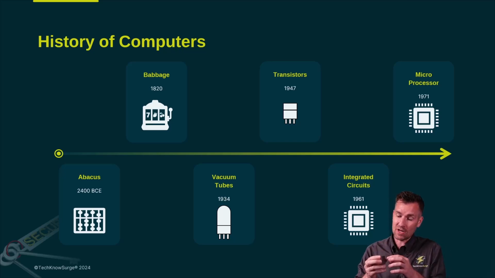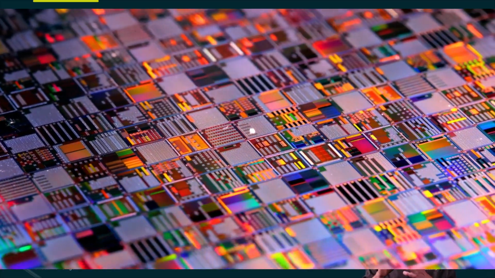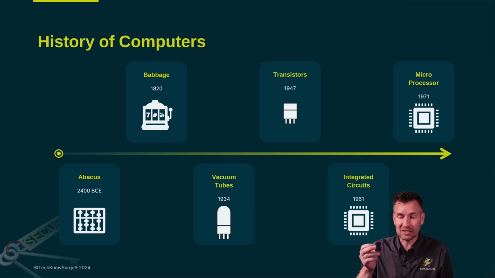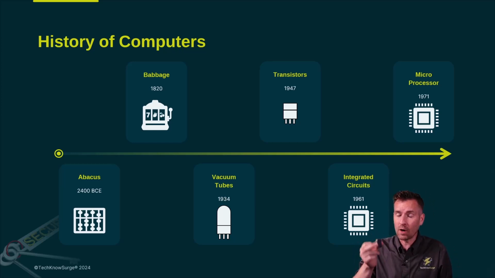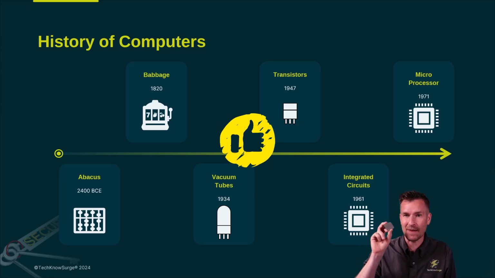If you look at a chip up close, you can see patterns in different areas, because different parts of the chip do different functions. It's pretty fascinating how this stuff has been developed and where we're at now, and pretty amazing, the power that we get out of these microprocessors.